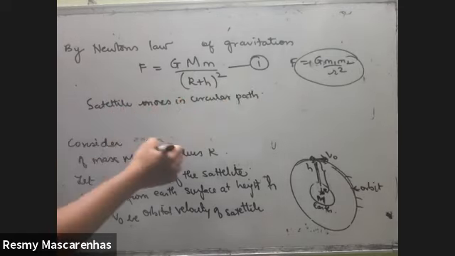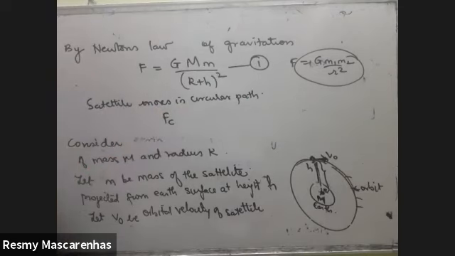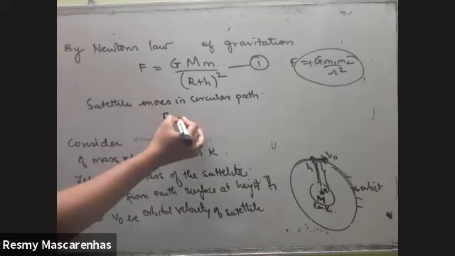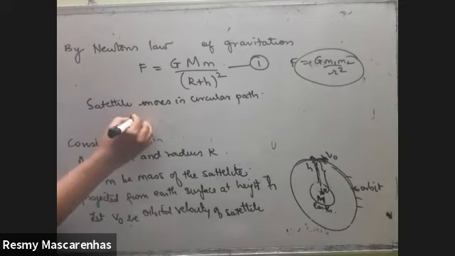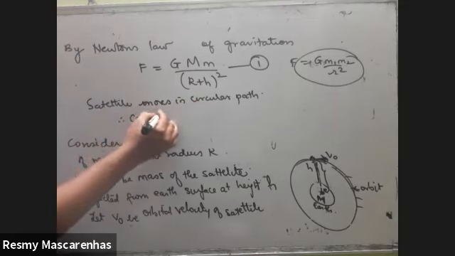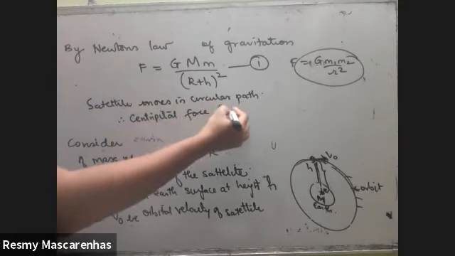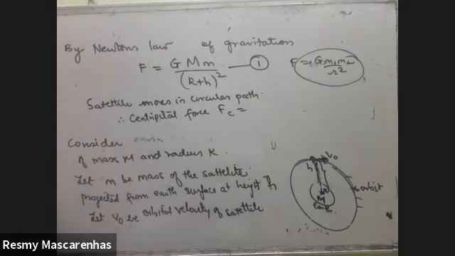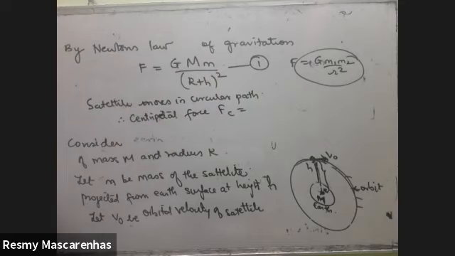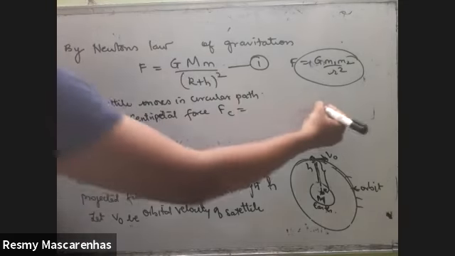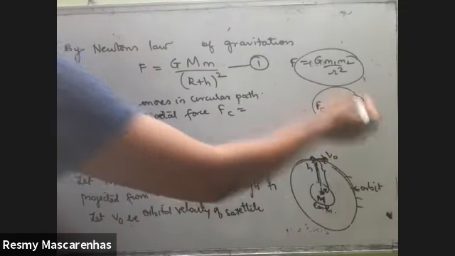So what is the centripetal force? Fc will be equal to mv square upon r. This is the formula for centripetal force.